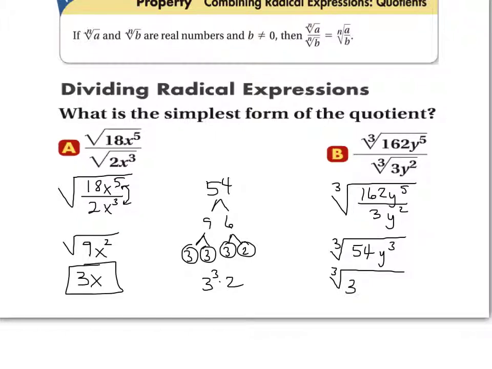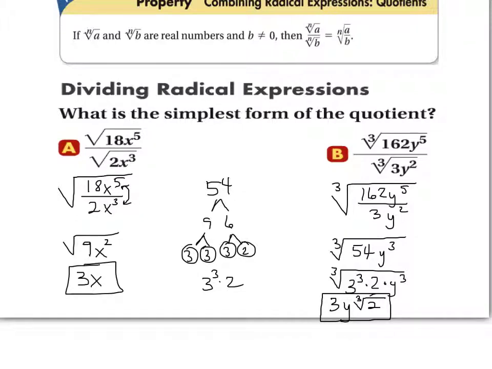So this is 3 cubed times 2 times y cubed. My cubes and my cube root will cancel, the index will cancel with those. So my 3 goes on the outside, my y goes on the outside, but my 2 stays on the inside because I can't take the cube root of 2. And this is my answer.